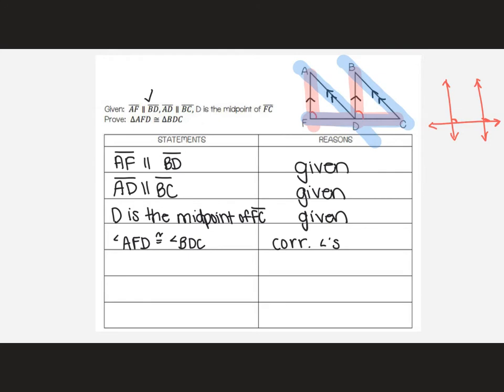If I drew you a diagram off to the side, this is kind of what we have. Hopefully you would notice that these are also corresponding angles, and that's what would get marked in our diagram. I'm going to name those with 3 letters, so angle ADF is congruent to angle BDC. Again, they're corresponding angles.